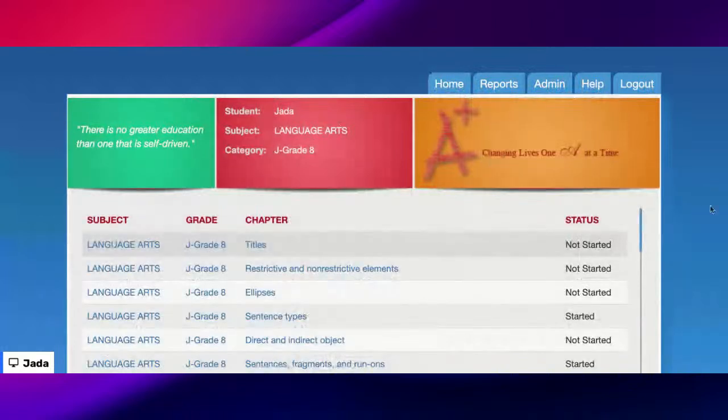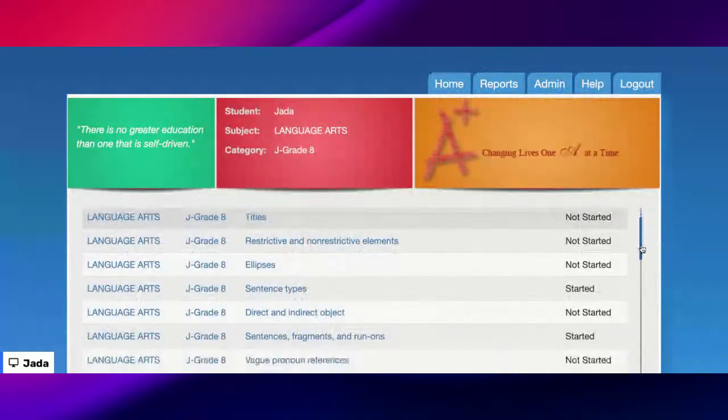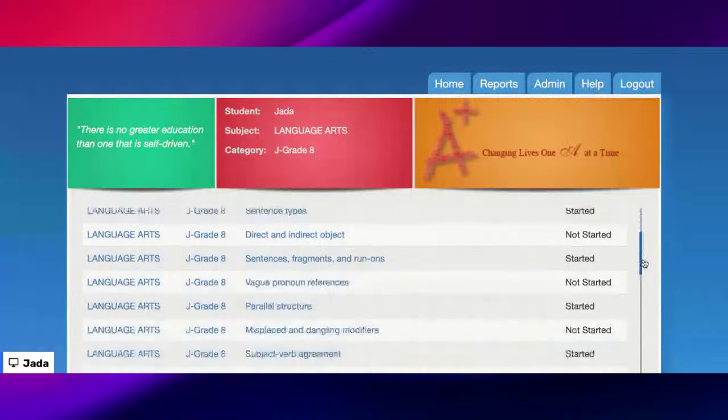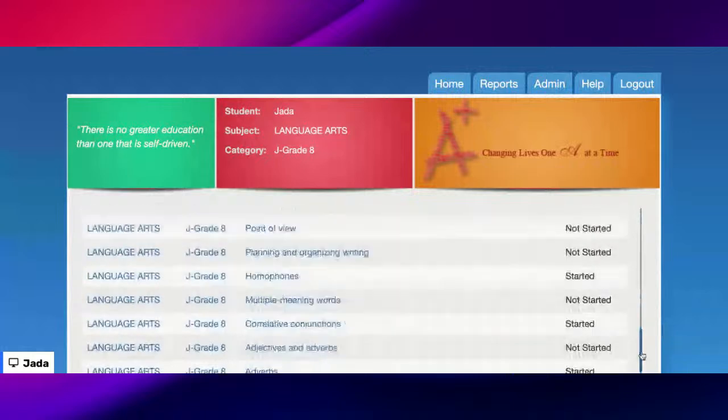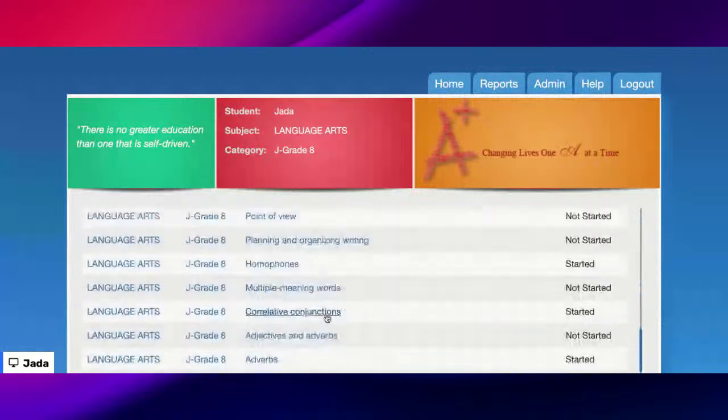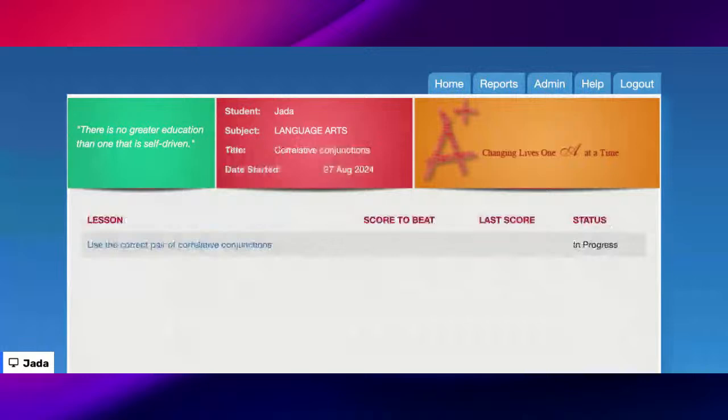All right, and then correlative conjunctions. So use the correct pair of correlative conjunctions.